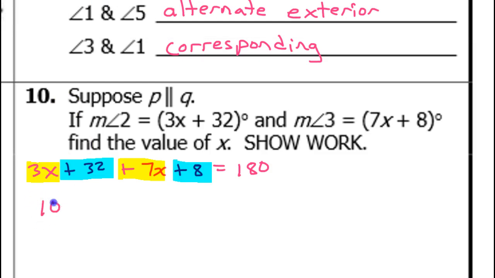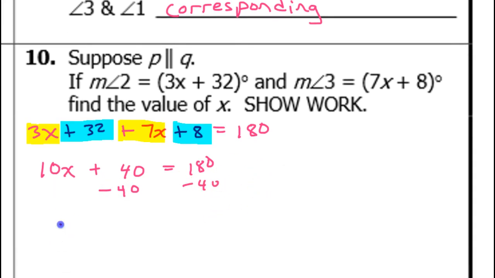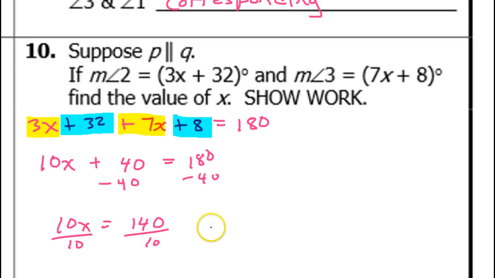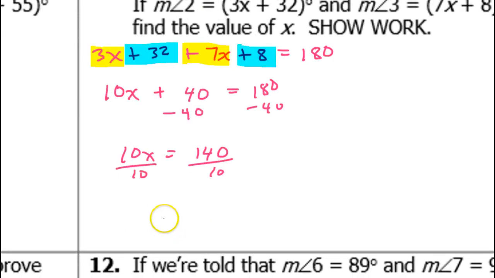So I'm going to get 10x plus 40 is equal to 180. So continuing to solve this, I'm going to subtract 40 from both sides. So that's going to give me 10x is equal to 140. So then if I divide both sides by 10, I end up with x equals 14.